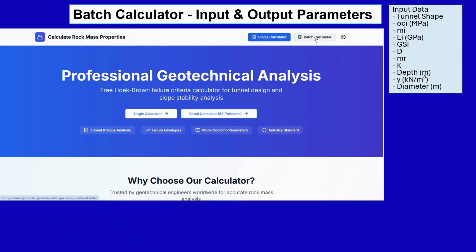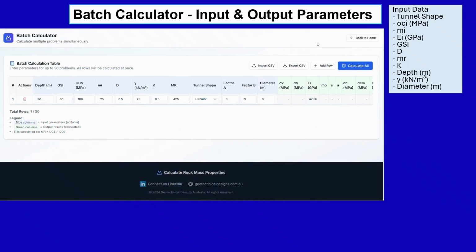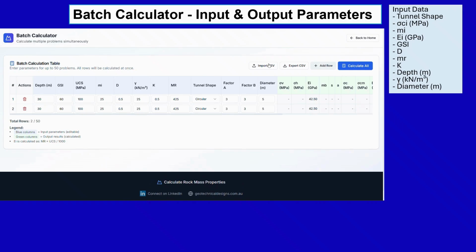In the batch calculator, the method of entry is manual entry, or we can also import an Excel file or CSV file. Now here we will go and click batch calculator, and here we can see there are a few rows. There is a row, and I have added one more row where I have increased the depth to 100 meters, and then GSI up to 40.